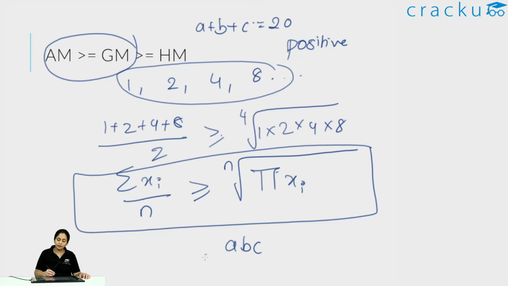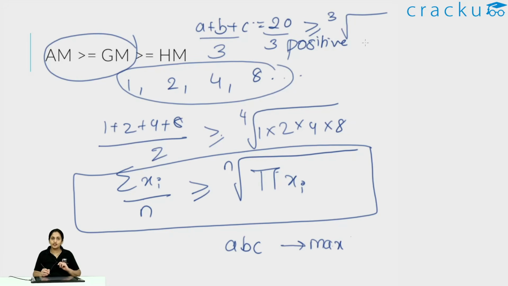If you have to find the maximum value of the product such that the sum is given, you have to use the AM-GM property, because (a plus b plus c) divided by 3 should be greater than or equal to the cube root of the product. So basically that gives you the maximum possible value that the geometric mean can take.